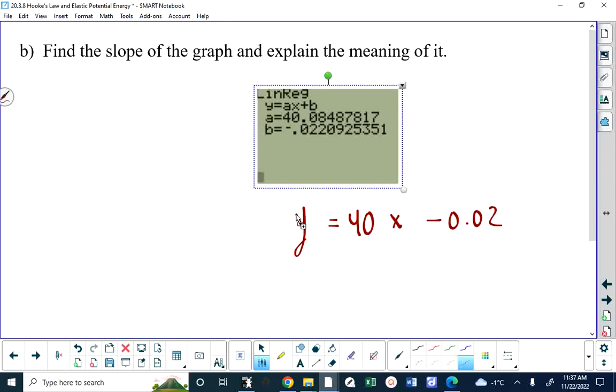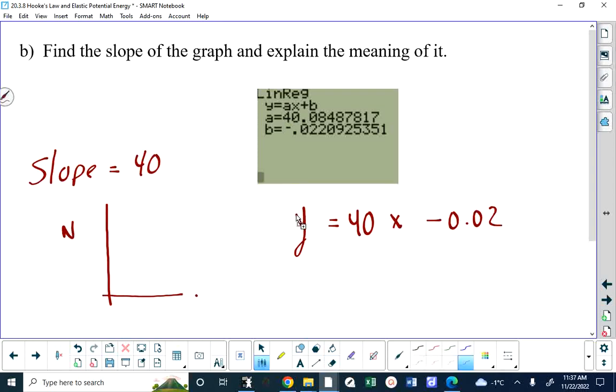So your slope is 40, but since y was in newtons and x was in meters, and slope is rise over run, the rise would be a number of newtons, the run would be a number of meters. This is 40 newtons per meter. It's telling you that for every 1 meter you want to stretch that spring, you have to apply a force of 40 newtons.